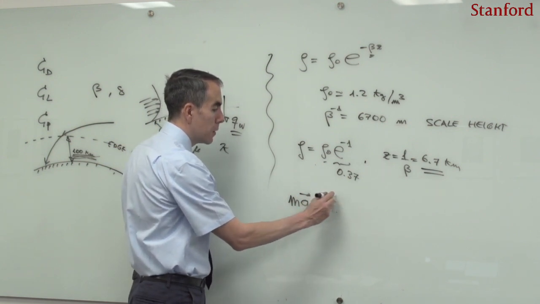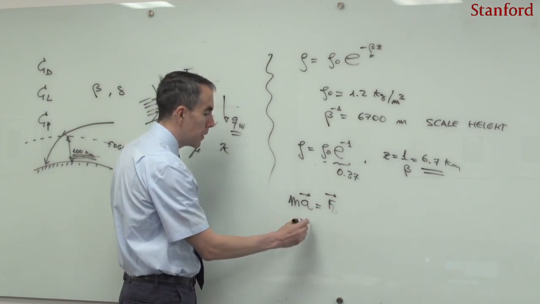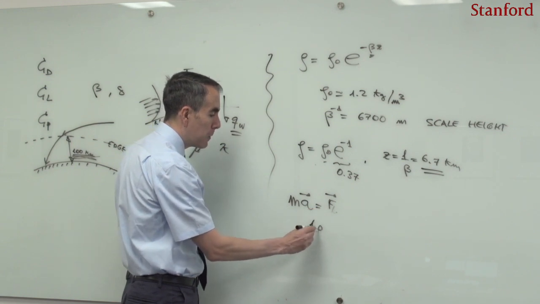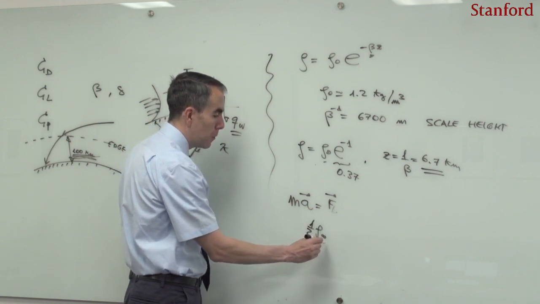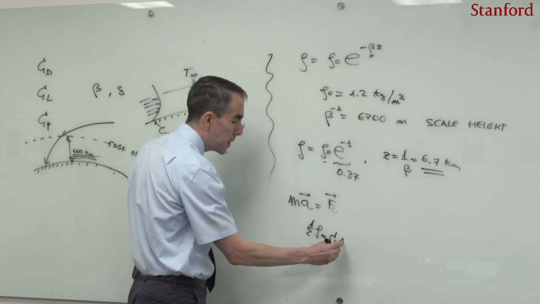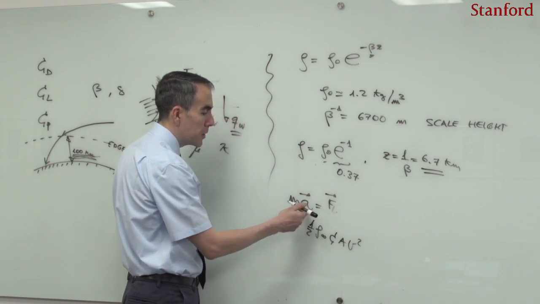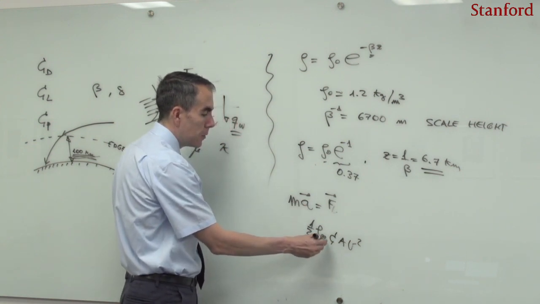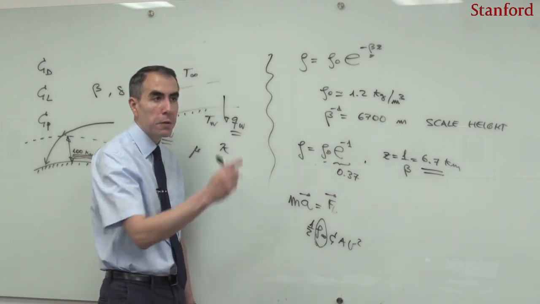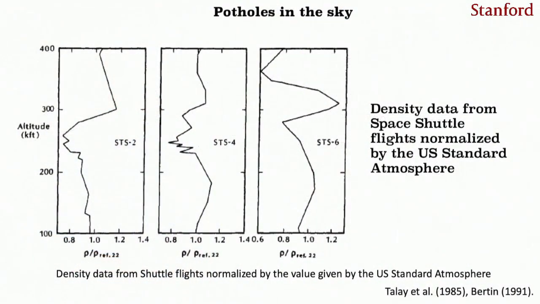This force in general is going to be composed by lift and drag, but in general it's going to be of a form 1/2 multiplied by rho infinity multiplied by a force coefficient and multiplied by an area and multiplied by a velocity squared. So by measuring the acceleration, one can actually post-calculate the density, and that's what was done in those plots that you see on the screen.